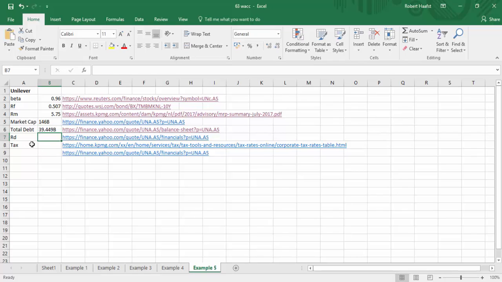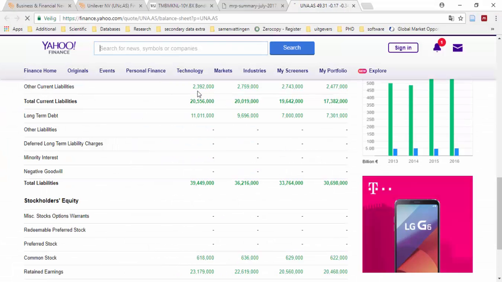Their cost of debt, like I said, is the total interest paid divided by the total debt. So let's go back to Yahoo.